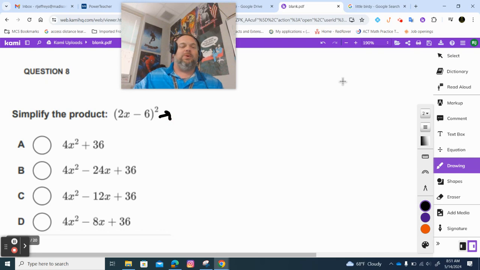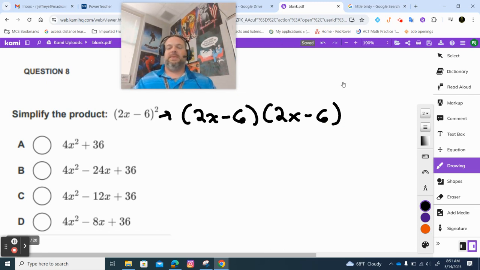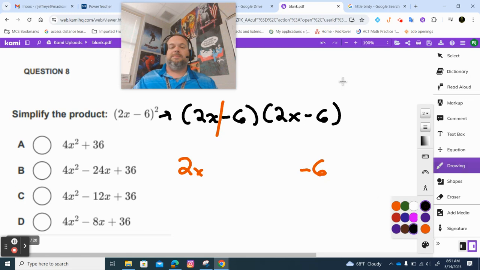All right. So, this problem needs to be expanded to be written like this. Then you can do double distributive or box, depends on which method you choose.